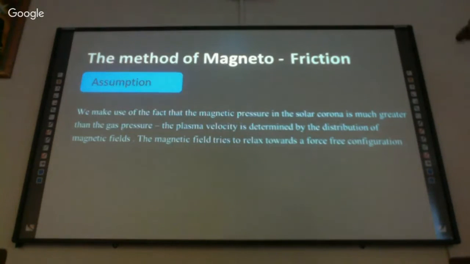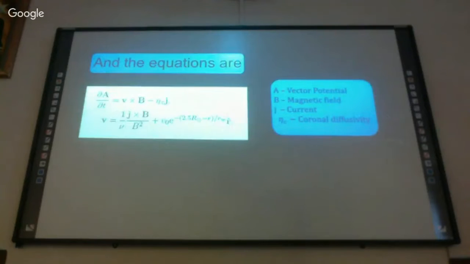This is the magnetic induction equation that I guess some of you are familiar with. We write the magnetic induction equation in terms of the vector potential, where A is the vector potential, V is the velocity, B is the magnetic field, and J is the current.